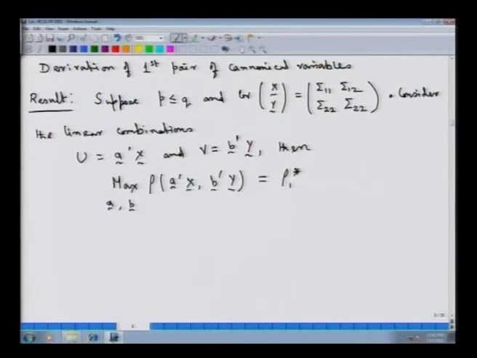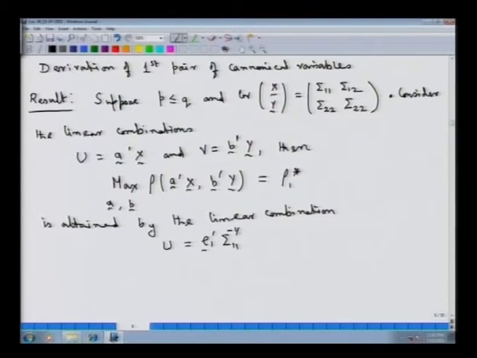This maximizing correlation is attained by the linear combination U, which is given by E1 prime sigma 1 1 to the power minus half times x, and V equal to F1 prime sigma 2 2 to the power minus half times y.